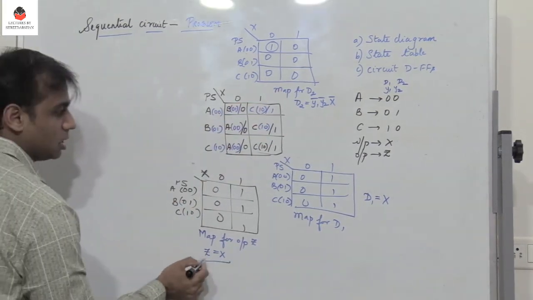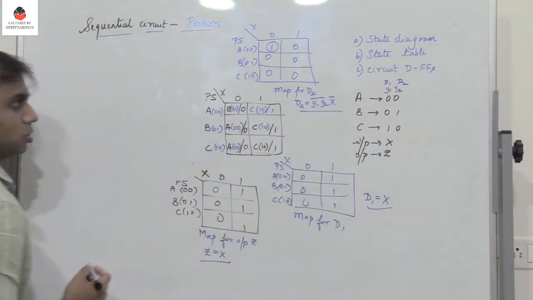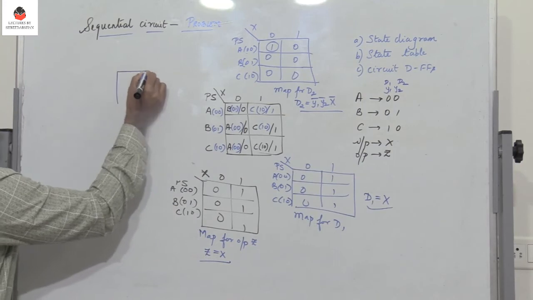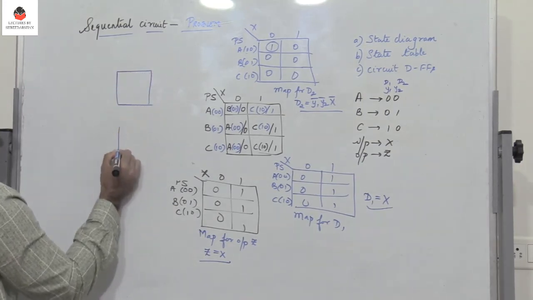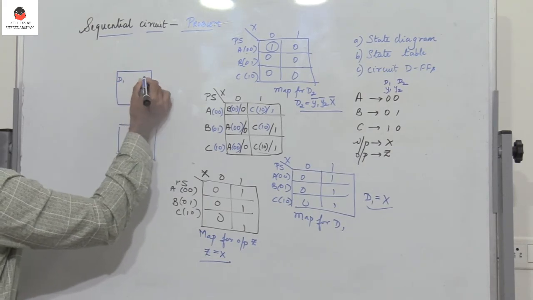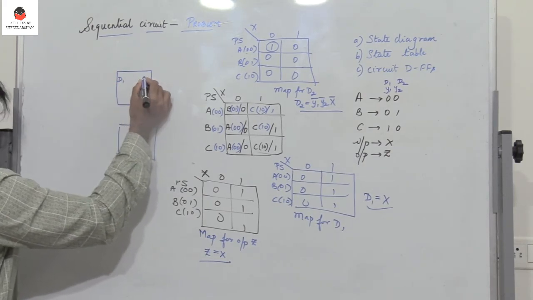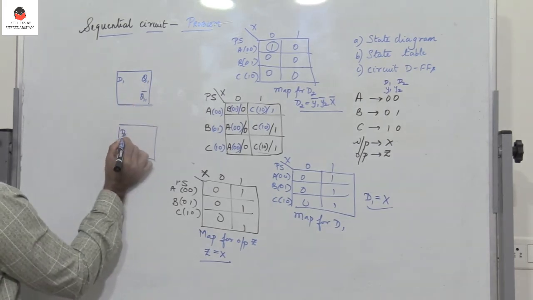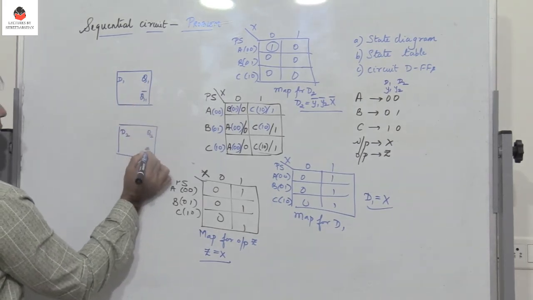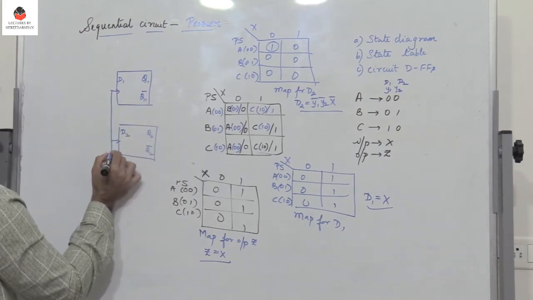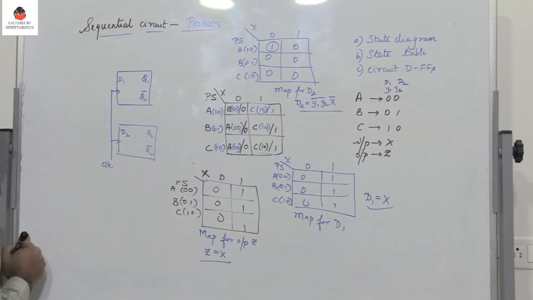So with these results we can easily draw the circuit using D flip-flops. We need 2 D flip-flops. So I have the first D flip-flop and the second D flip-flop. This is D1, the output Q1, Q1 bar. D2, the output Q2, Q2 bar. And a common clock.